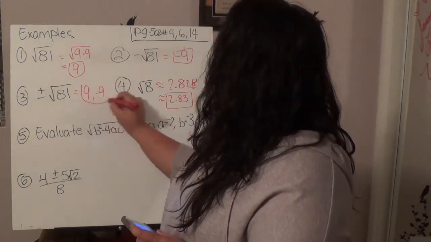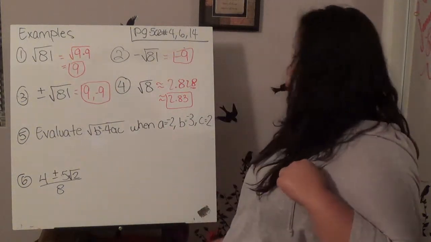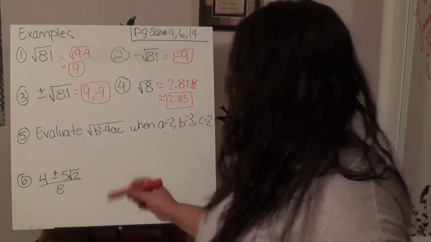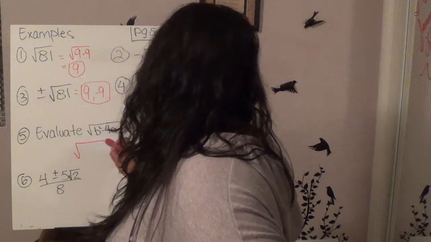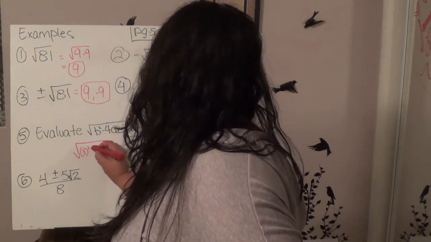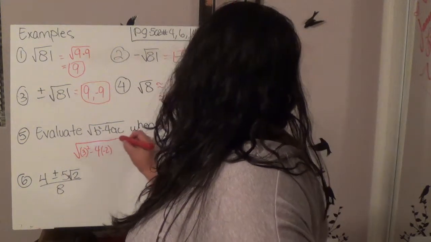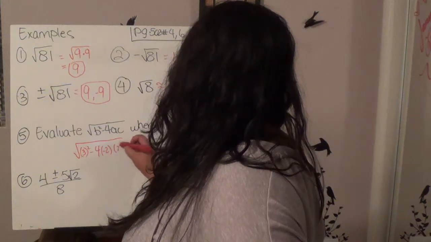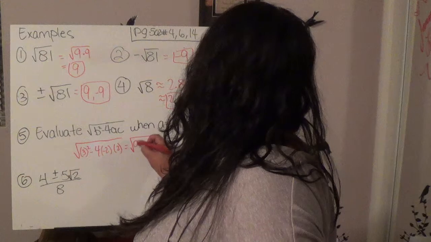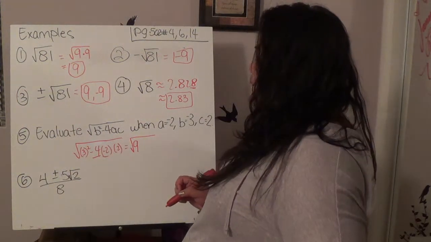Now, they're not always just going to give you something straightforward. Sometimes they'll give you an equation to plug into. So let's look at this one. My b is 3. So 3 squared minus 4 times a, which is negative 2, and c, which is 2. Which means 3 times 3 is 9. Negative 4 times negative 2 gives me positive 8.